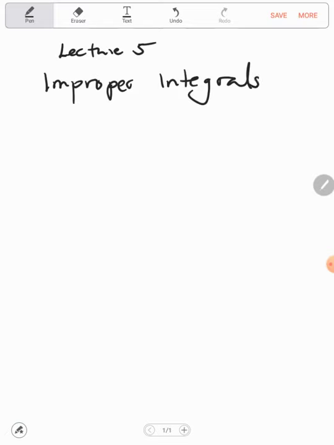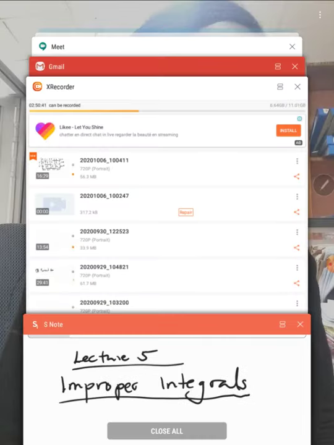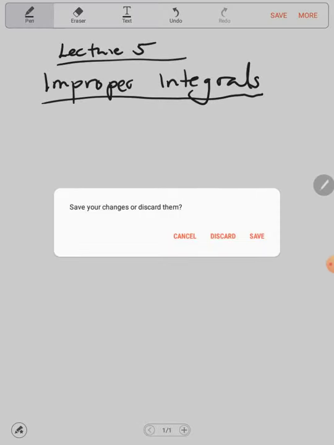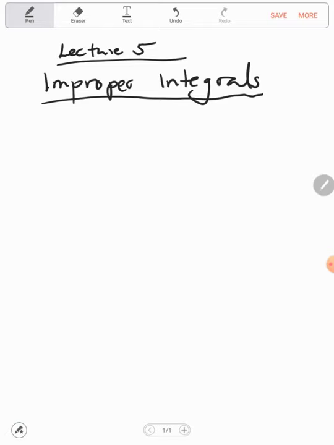Okay, so the integrals that we have dealt with so far include finite limits. For instance, the integral from a to b of x squared dx.